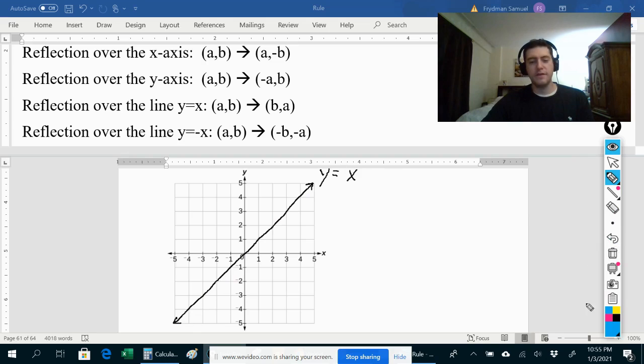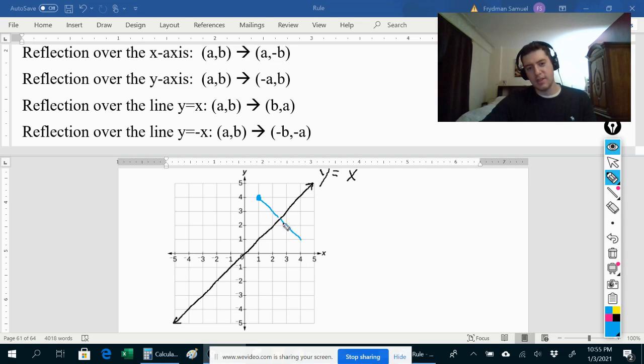Now, what happens if I were to take a point and reflect it over this line? Well, now I'm just going to do diagonal units. So 1 1/2, and then I'll go 1 1/2 on the other side. Really it would have been easier for me to count a half and then 1.